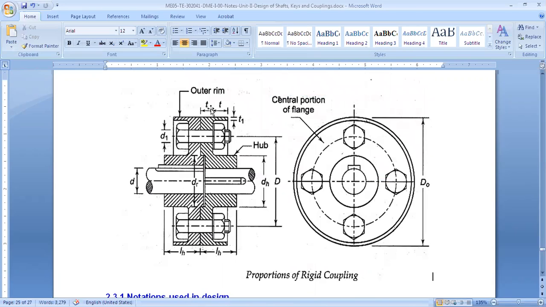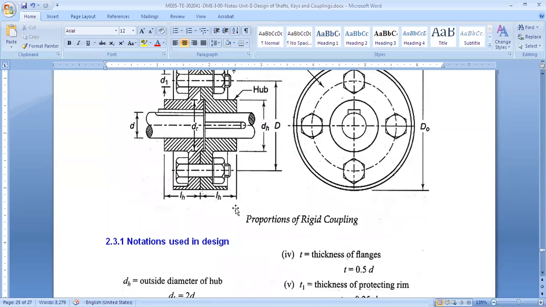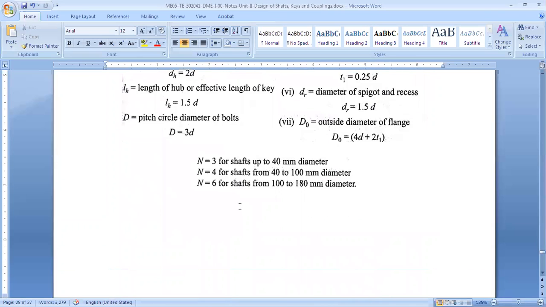So we need to find out the diameter of the shaft, the outside diameter of the hub, the pitch circle diameter of the nuts and bolts, and the outside diameter of the flange. We need to find out the length of the hub, the thickness of the flange, and the diameter of the bolts. So we need to find out these different dimensions as a part of our design.